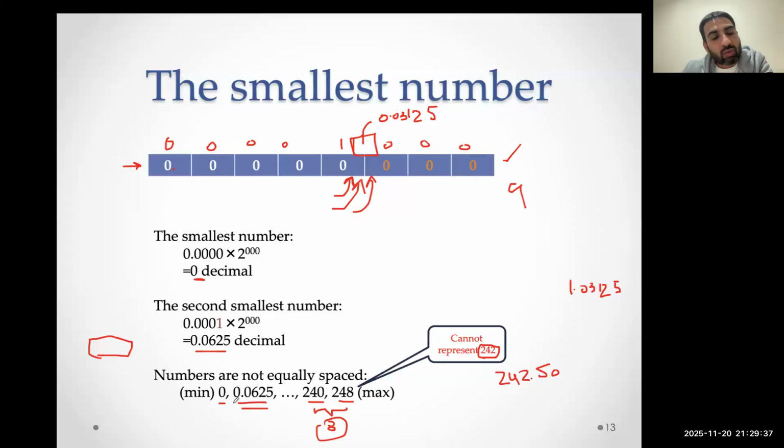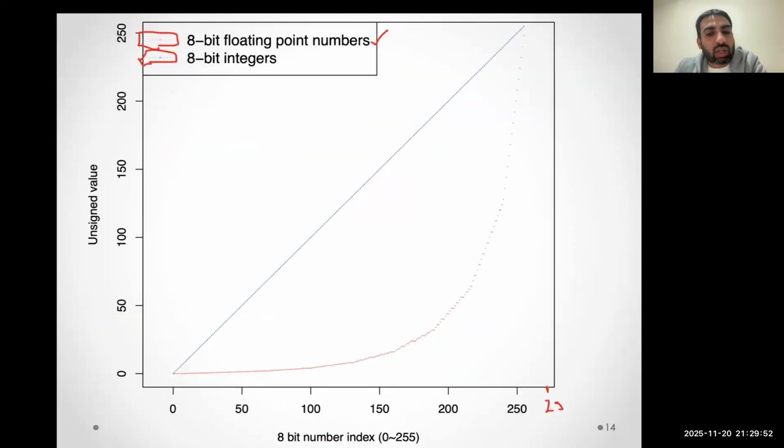And the difference between the minimum 0 and the second minimum is 0.0625. Similarly, the difference between 0.0625 and the third minimum is smaller compared to the difference between the second maximum and the third maximum. So the gap starts increasing, as you can see here. But the gap in this region is much smaller between two consecutive numbers on the smaller side.